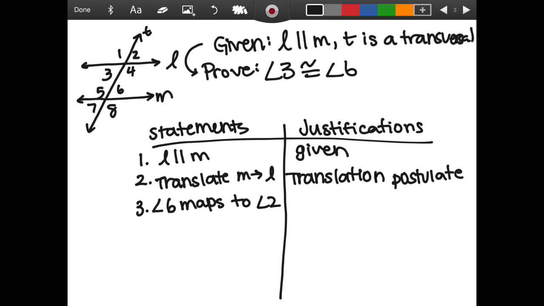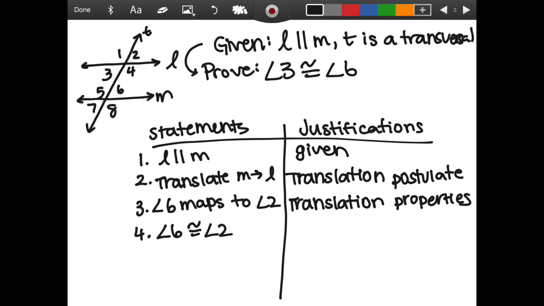Properties of a translation are included both under the postulates and under previously proven theorems. Whenever we translate, those things are going to match up. So translation properties. I'm going to use that justification again. Now, because 6 maps to 2, angle 6 is congruent to angle 2. It's the same reason as before.